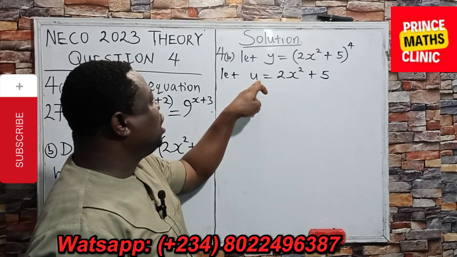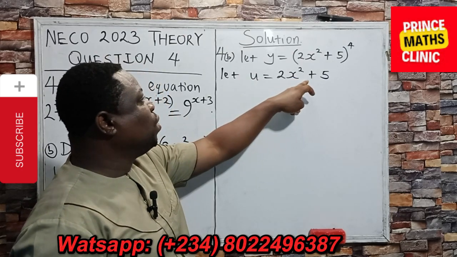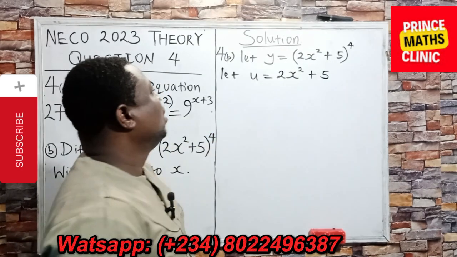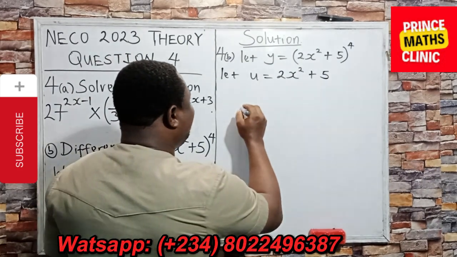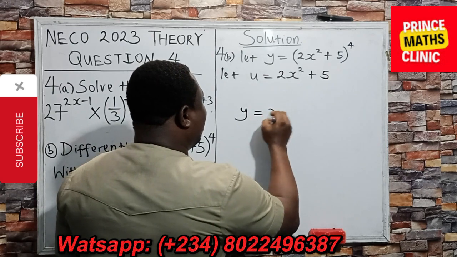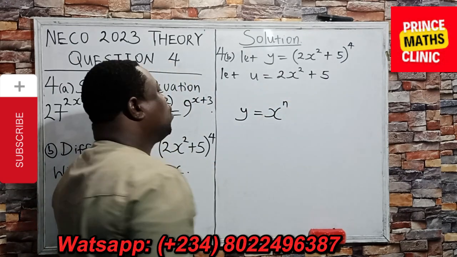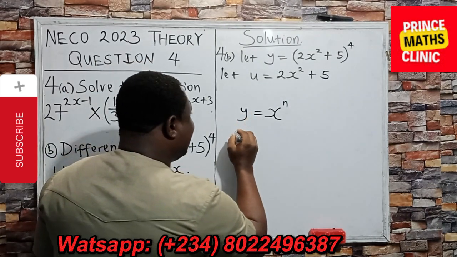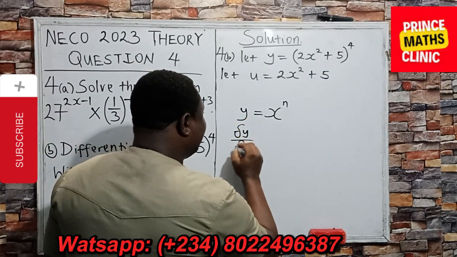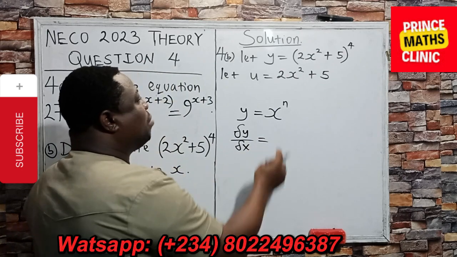If I differentiate u with respect to x, knowing the general form of differentiation, if you have y equal to x to the power of n, if you are to find dy/dx, dy/dx will be this power.